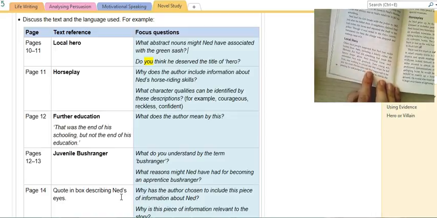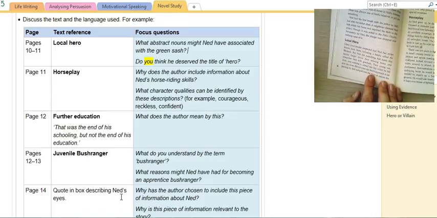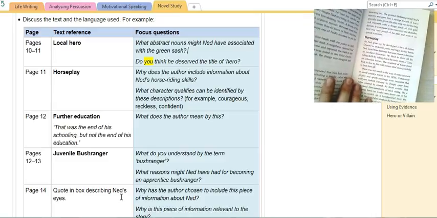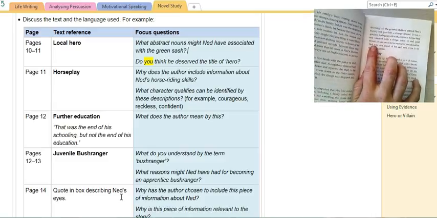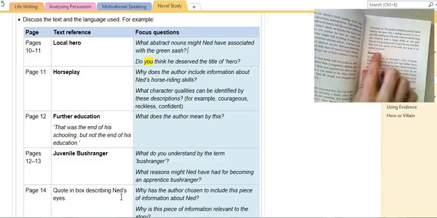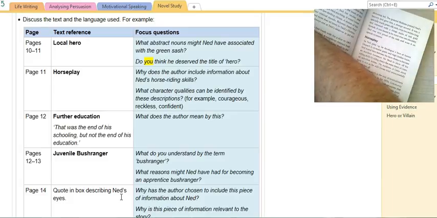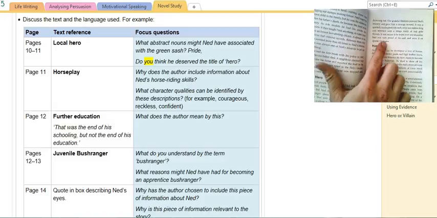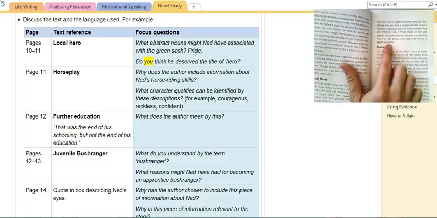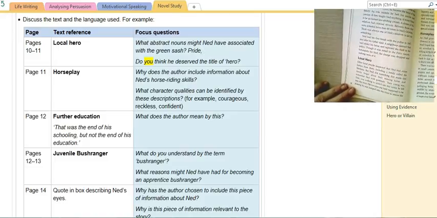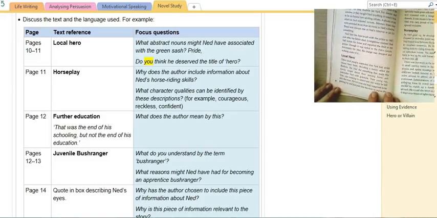So firstly, it says, what abstract nouns might Ned have associated with this green sash? Now if I look at the keyword in the last sentence, it says Ned was very proud of his sash and wore it on special occasions. So obviously he's going to feel a fair bit of pride, and I'm going to write that as one of the abstract nouns, and I've got that evidence from the text. Another word that I noticed while reading was bravery.